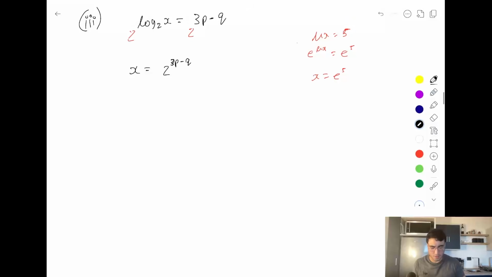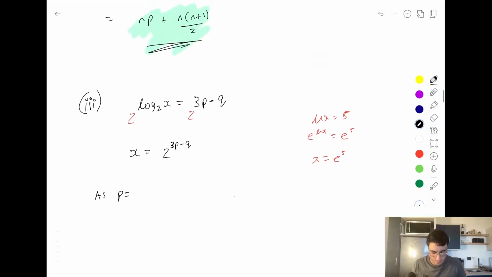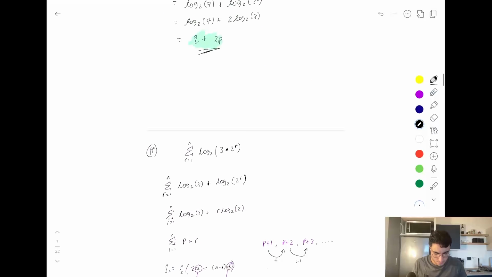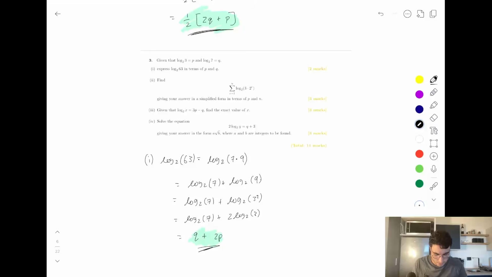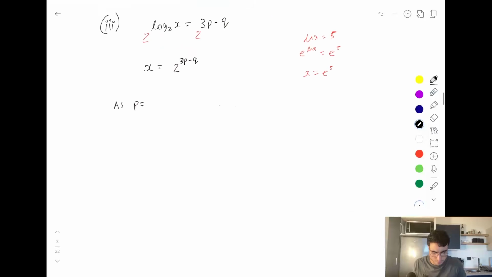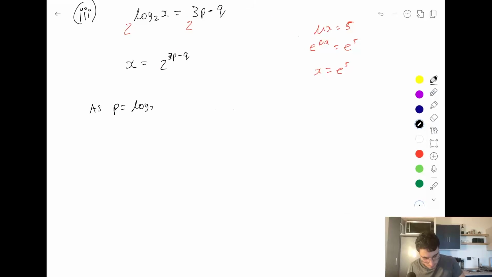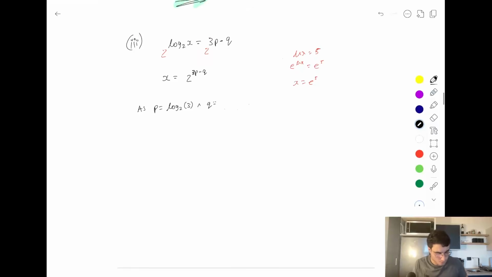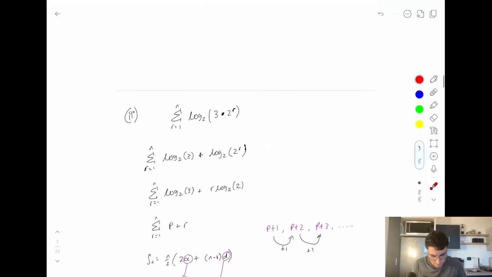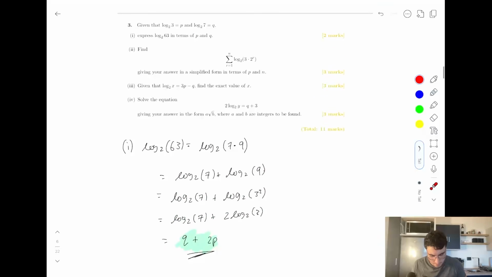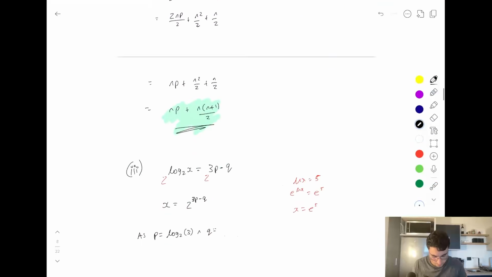Which means that if we get 3p minus q, we know, as p, okay, what does p equal? P is equal to log 2, 3. Okay, and what does q equal? Q, okay, is log 2, 7.